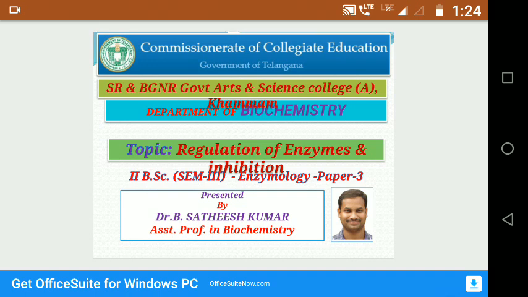We are discussing the fourth unit in the third semester of the biochemistry course, that is regulation of enzymes and their inhibition mechanisms.